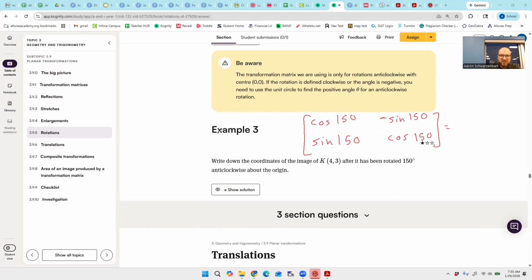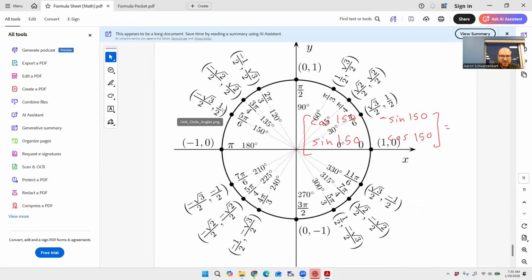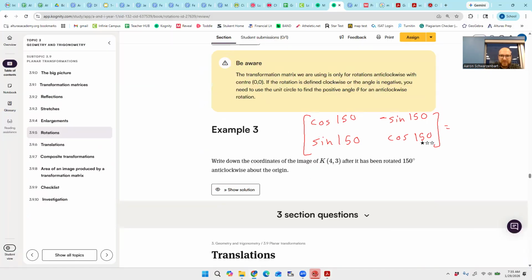It wants them in exact form, and it wants us to multiply it by that point. So I'll go back to my unit circle. At 150, negative square root of 3 over 2 is cosine, sine is 1/2. So negative square root of 3 over 2, negative 1/2, sine being 1/2. Now I must multiply this by my point.